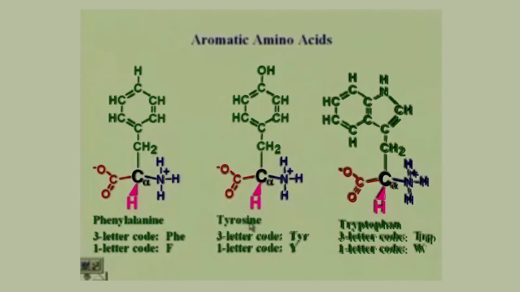We have tyrosine, which is similar to phenylalanine, the only difference being that this hydrogen is replaced by an OH. So, the tyrosine can actually also be involved in hydrogen bonding.